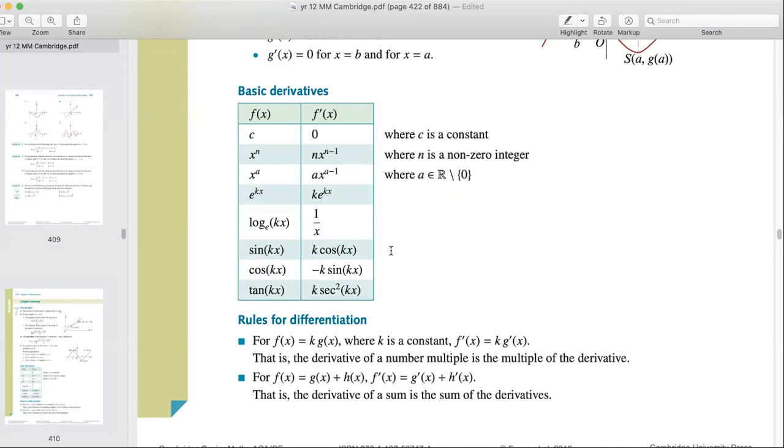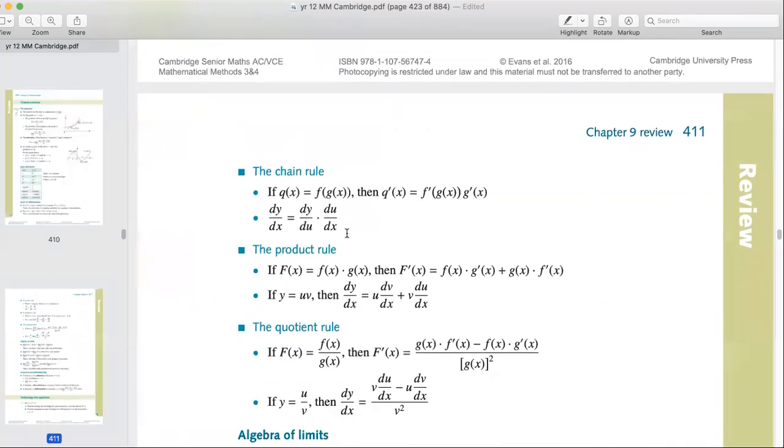Of course, it's not required to memorize because it's provided. But from the basic ones, we have to know how to apply the chain rule, product rule, and quotient rule. These 3 rules help us find the derivative correctly and plug the number in.